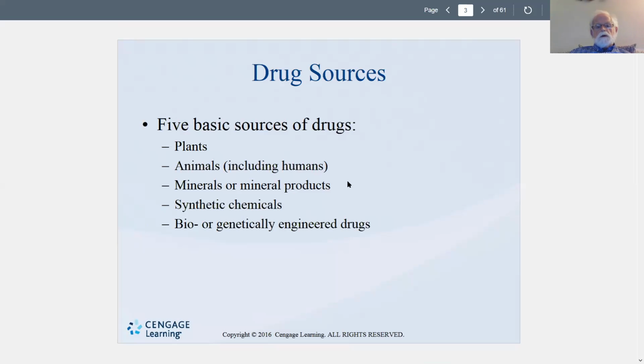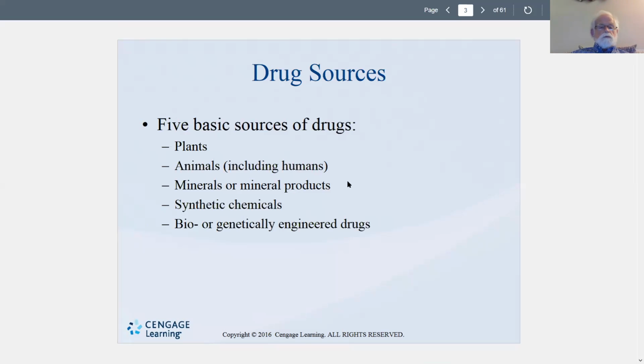Drug sources have, until the late 19th century and really into the 20th century, most of our drugs came from the world of nature. They either came from plants or directly from animals, or they were ground up minerals.